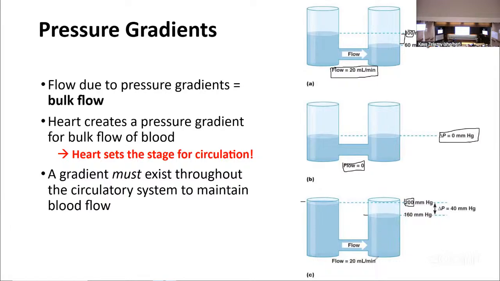So long as we have the same pressure difference, it does not matter what those absolute values are in the two columns, right? So the only thing we're looking at is that delta P, right? So the only thing we look at is the difference between our two pressures, not either of the values on their own, right? So we can see that the flow in this final diagram is the same as the flow in this first one, right? So flow is 20 milliliters per minute in both of them because we have that same pressure difference.